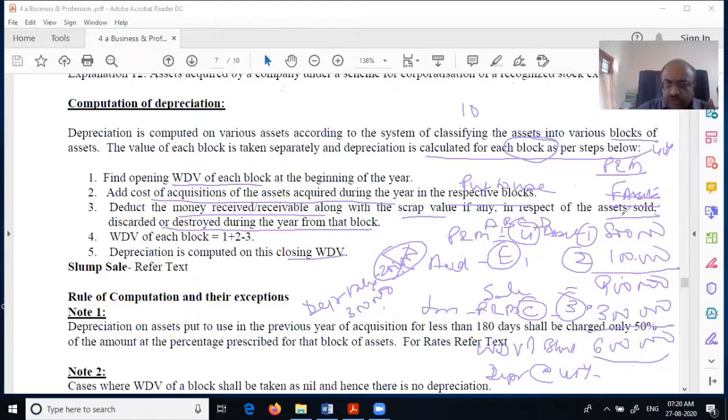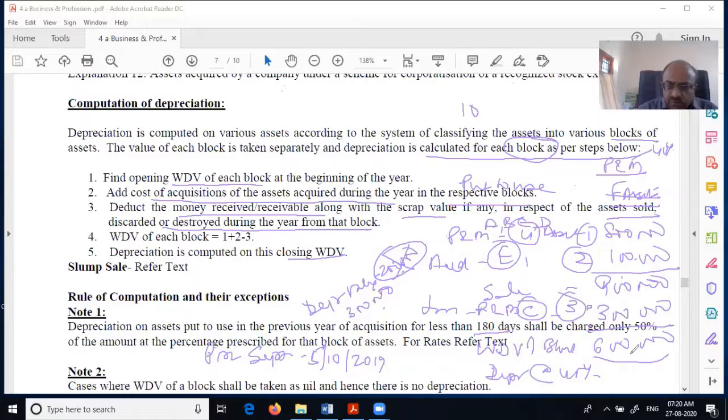Therefore, assume for simplicity's sake that this was purchased post September, because of 180 days, that is 6 months. So on say the 5th of October 2019 it has been purchased, therefore it is used for less than 180 days.